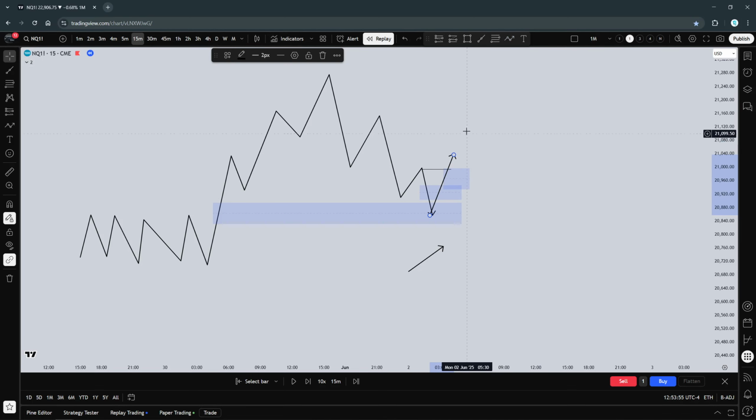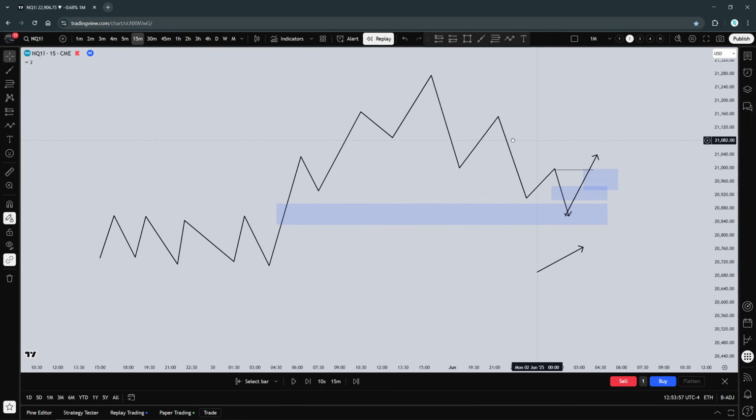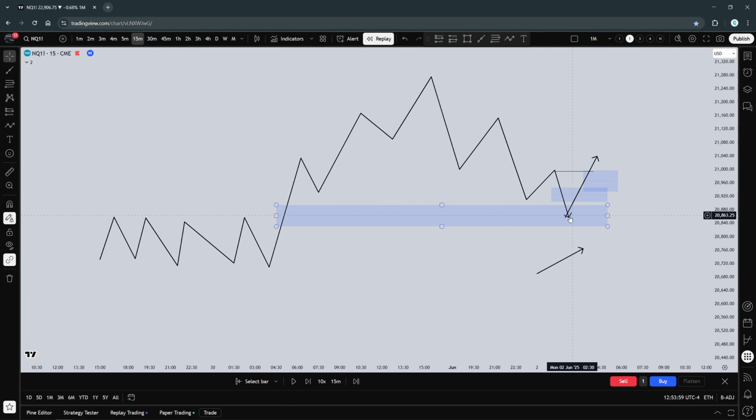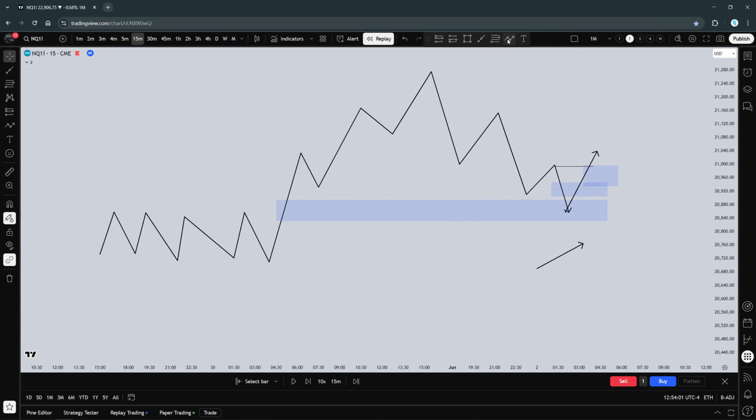That is then going to give you the confidence inside this higher time frame range that this is now the continuation higher.